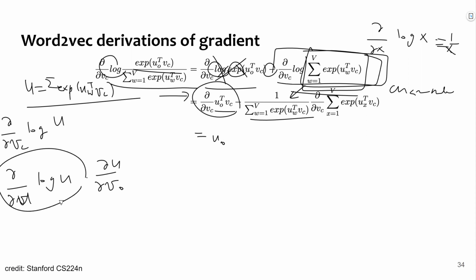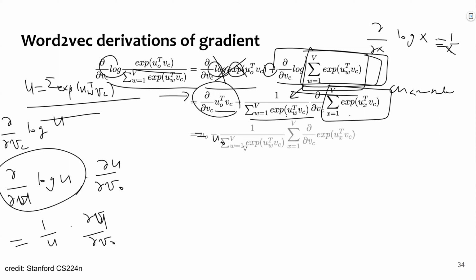So when we calculate this part, it becomes 1 over u. This is u. And u was this exponentiation, this one. So we're putting u here.